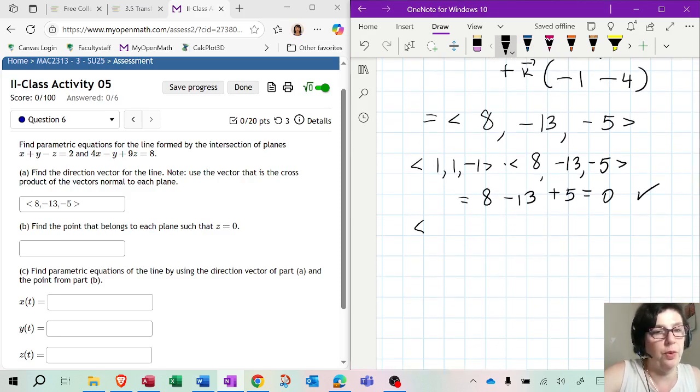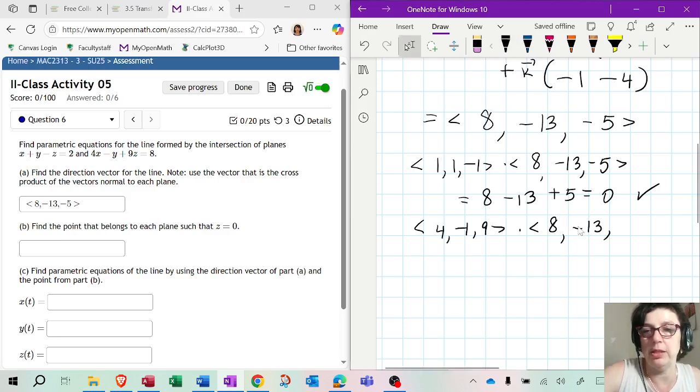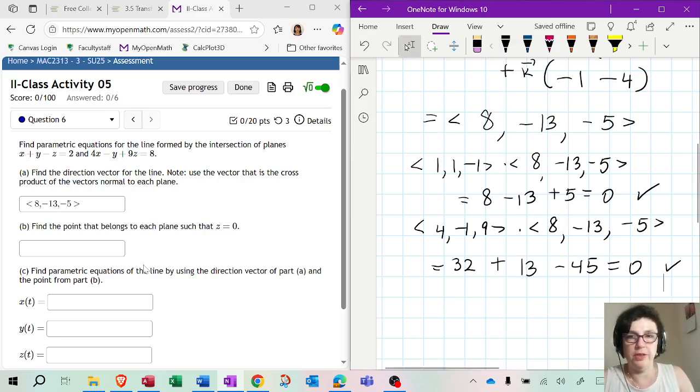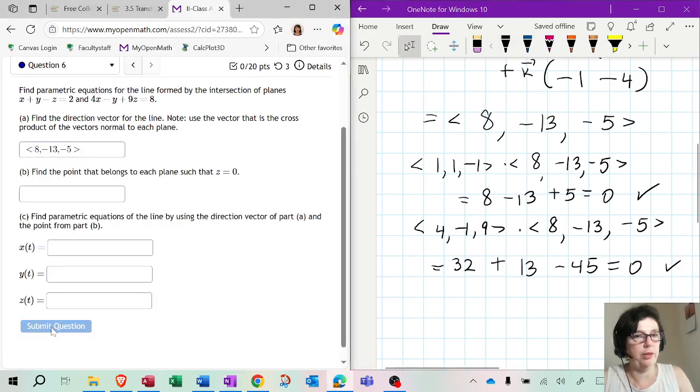Then the other one was 4, -1, 9 dotted with 8, -13, -5. That's 32 plus 13 minus 45, which is also 0. So I'm pretty confident that what I just found is correct.